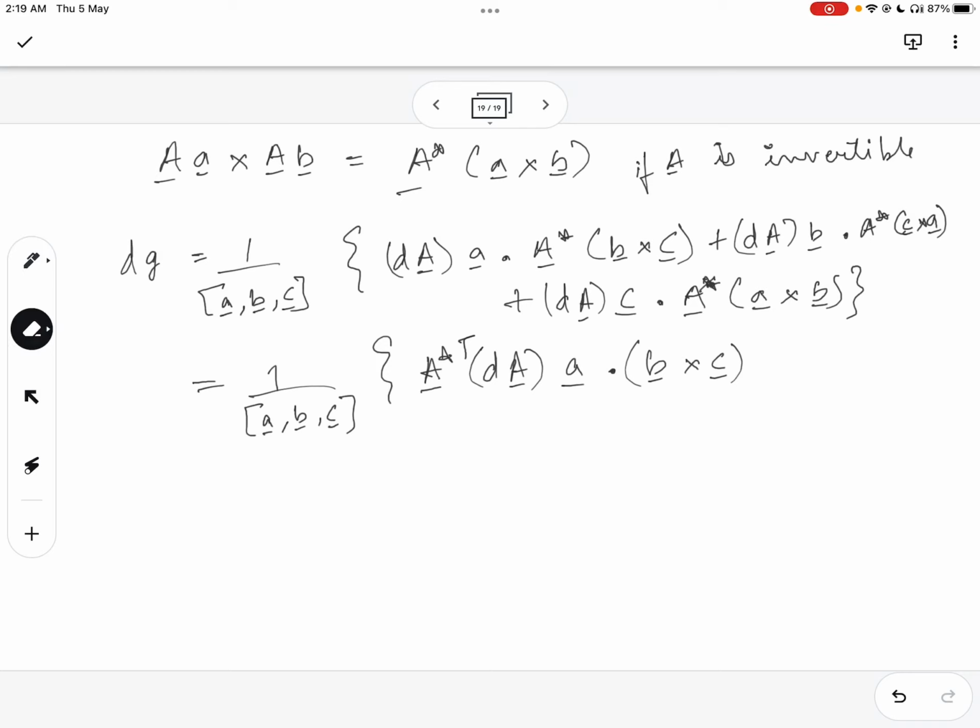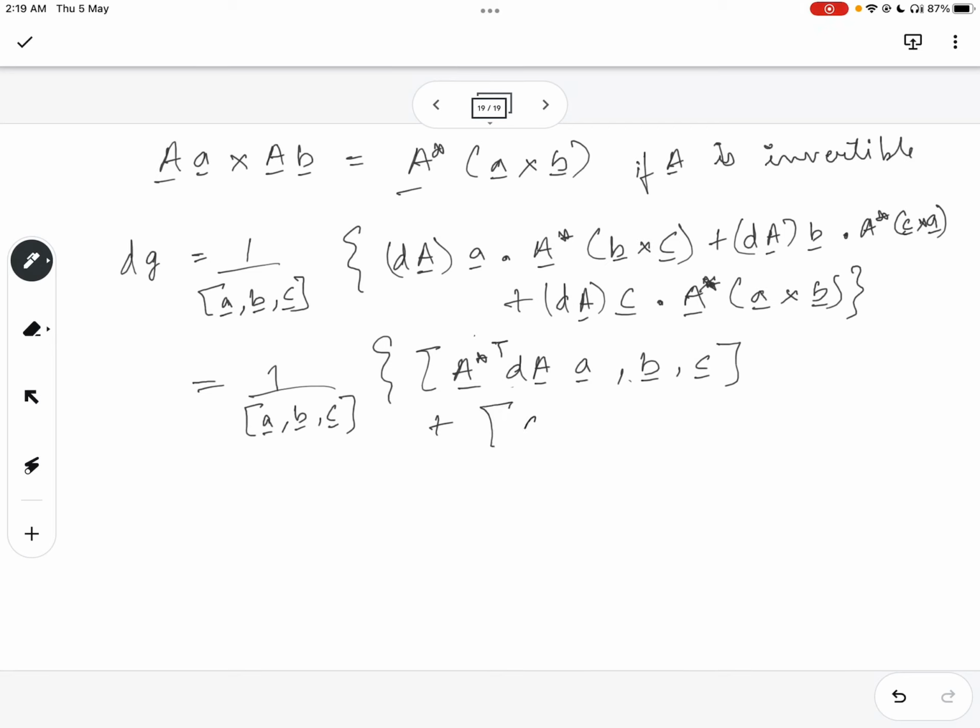This can be written in terms of the box product directly: this is nothing but the box product of A star transpose dA a, b, c, plus a, A star transpose dA b, c, plus a, b, A star transpose dA c.